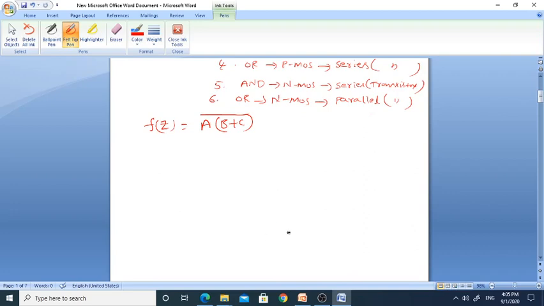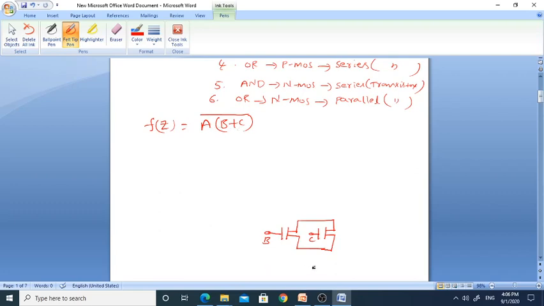So I take two N transistors, one for B and one for C, and join them like this. The OR function is over, and A is ANDed with B plus C.